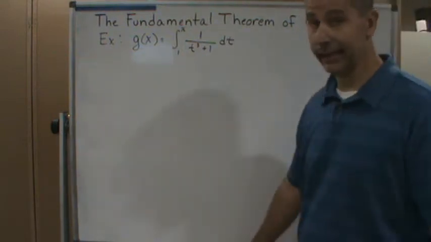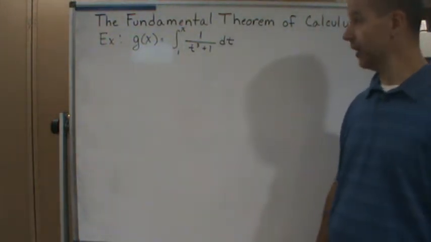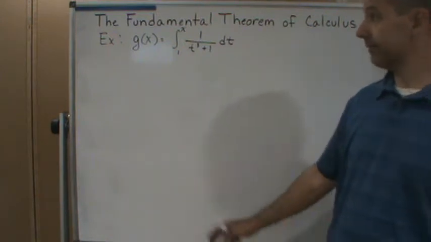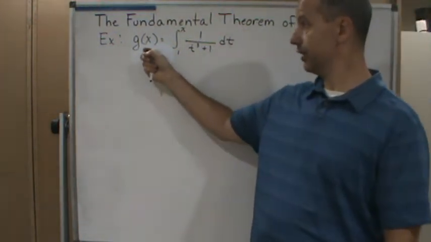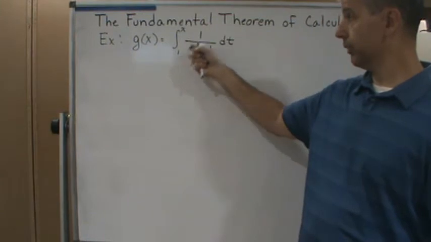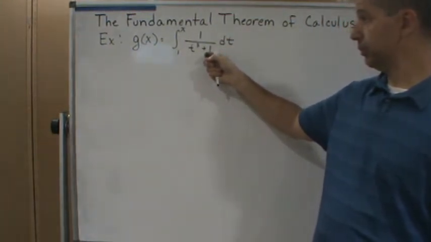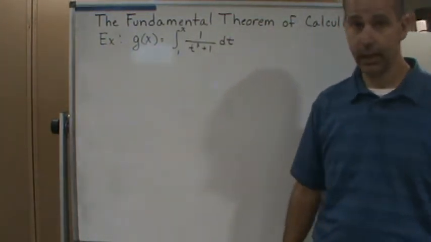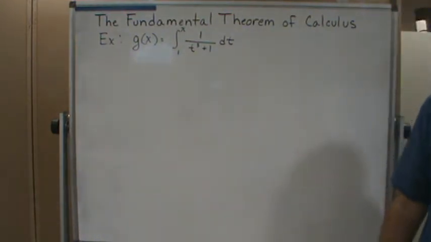Okay, so welcome back, and now we have this function that's defined as g of x is equal to the integral of 1 over t cubed plus 1 dt. Now, in this problem, they're asking us to use the fundamental theorem of calculus, part 1, to find the derivative of this.